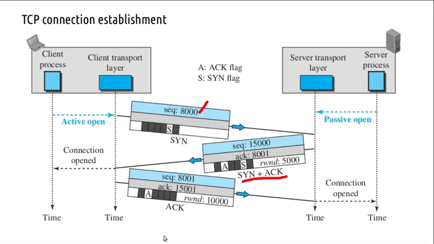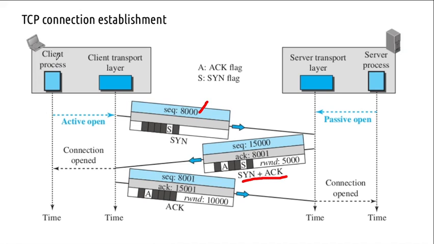This particular segment, SYN plus ACK, also will not carry any data, but still it will consume one sequence number. Again, coming to the next step, the connection is now opened by the transport layer on the client.